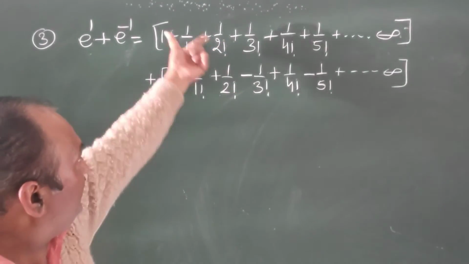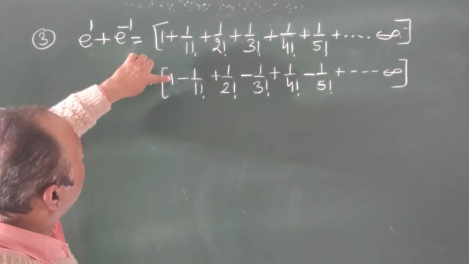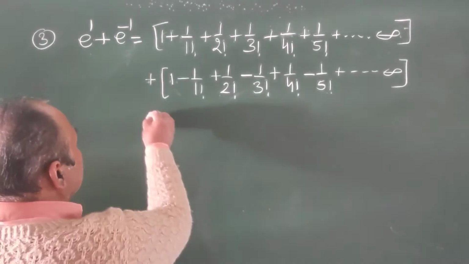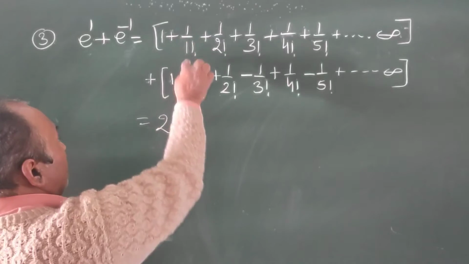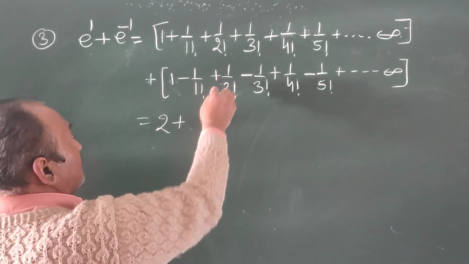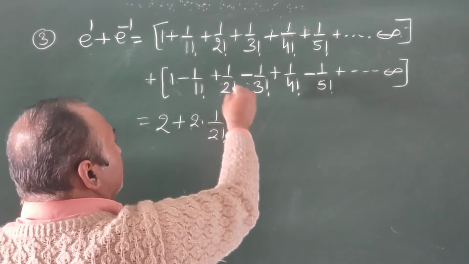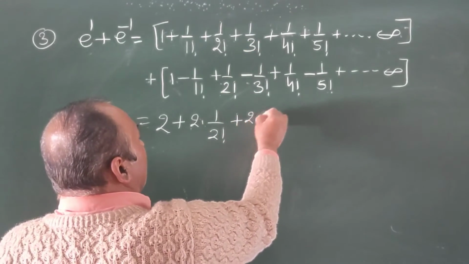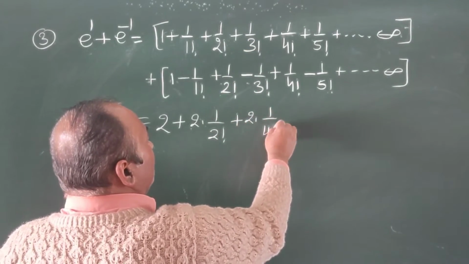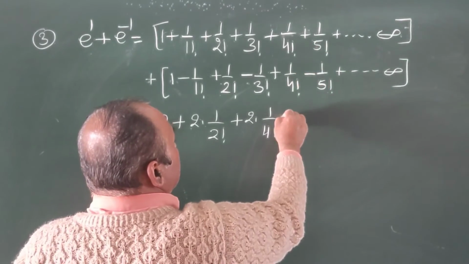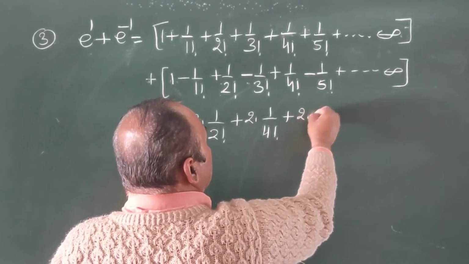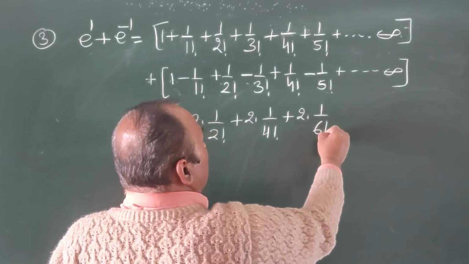If we add these two, we will get 1 plus 1, this is positive, that will be 2, this will cancel and it becomes 2 into 1 upon 2 factorial, it will cancel and it becomes 2 into 1 upon 4 factorial and it will cancel and next term will be 2 into 1 upon 6 factorial.